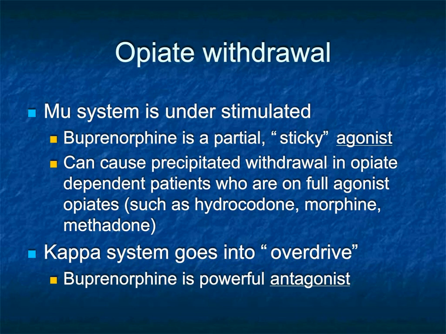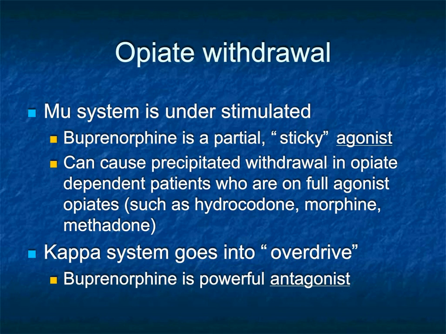And also, that slide says that the buprenorphine is very sticky. And the word sticky means that it has a high affinity and it will push off morphine or some of the other opiates so that it will preferentially stimulate the Mu receptor. And therefore, if you're on some of these other opiates, it will understimulate it.